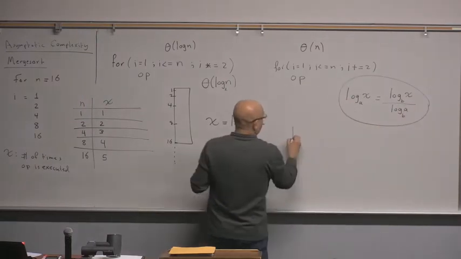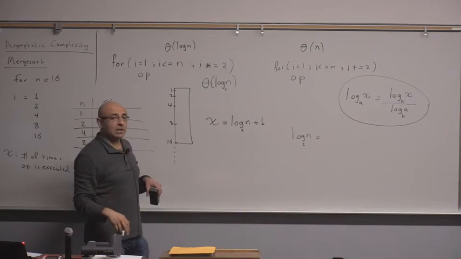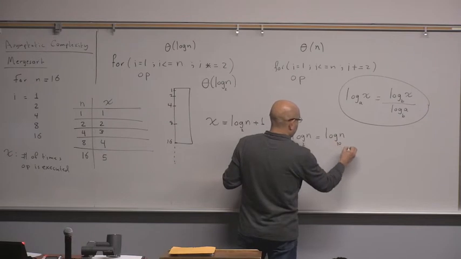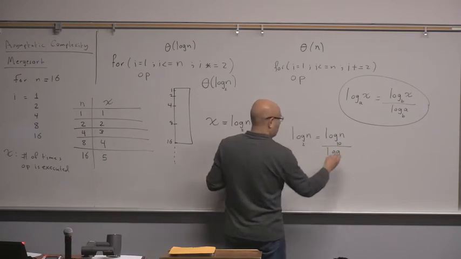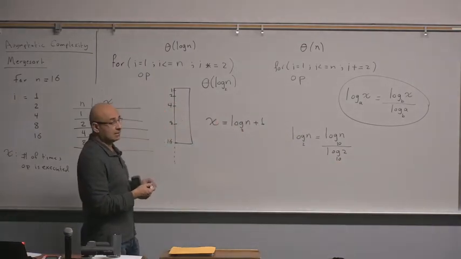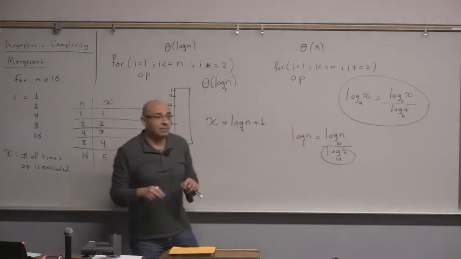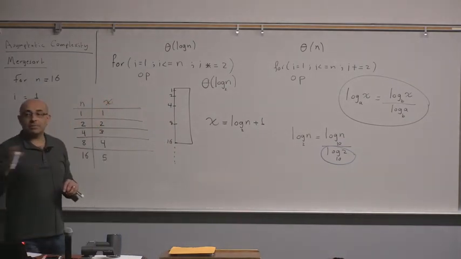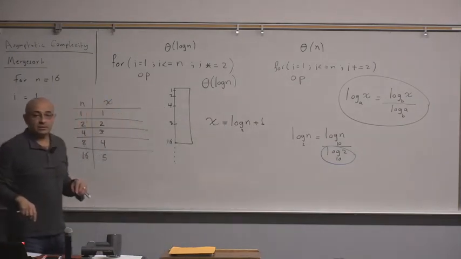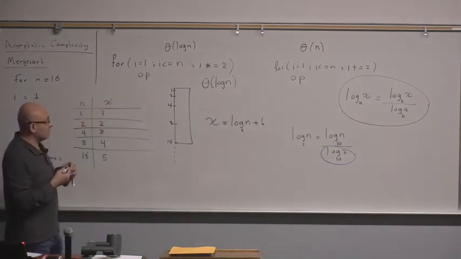For example, the relation between log n base 2 and log n base 10 is log n base 10 divided by log 2 base 10, and log 2 base 10 is a constant. So since we can convert from one base to another by multiplying by a constant, we don't need to specify the base in asymptotic notation because all logarithms are of the same order.